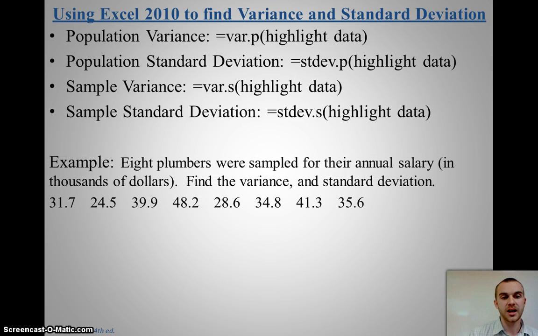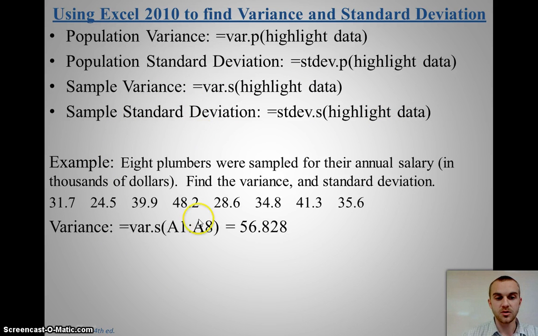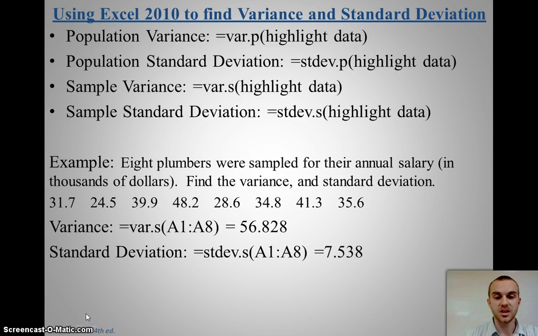So if I looked at my 8 plumbers again, that's a sample, so I'd want to make sure I use these bottom 2 formulas, the .S's. And if I do the .S and just put them straight in there with the 8 entries, I get the 56.828. And if I did standard deviation, again, I'd get 7.54. And you could go back and check that yourself as well.